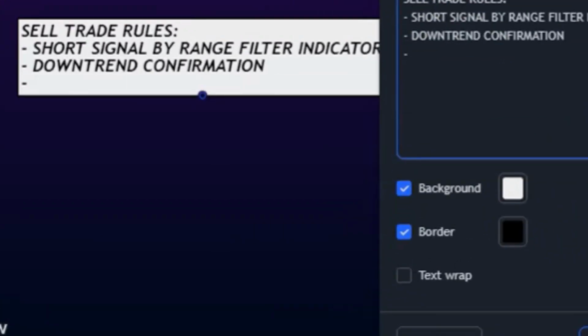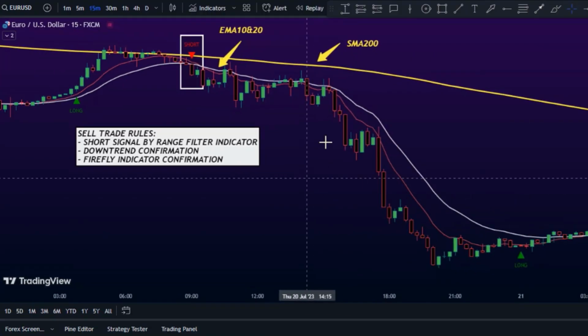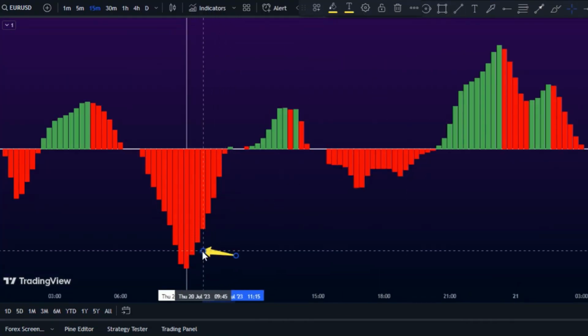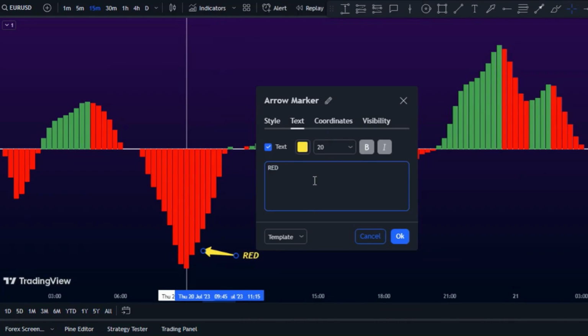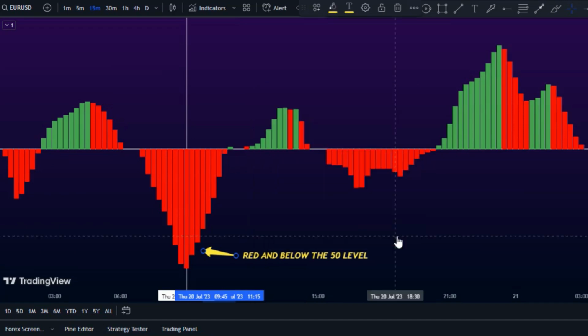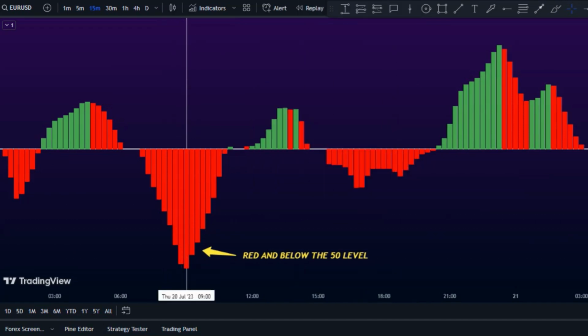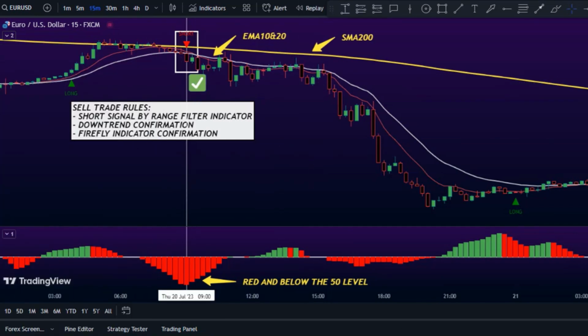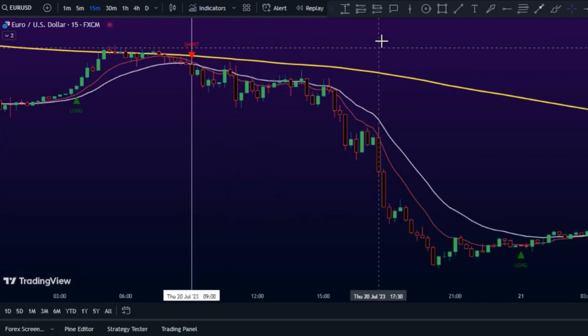Next, the Firefly Oscillator histogram needs to be red and below 0, a second red light. And once all those conditions line up, it's time to make our move and open a position.